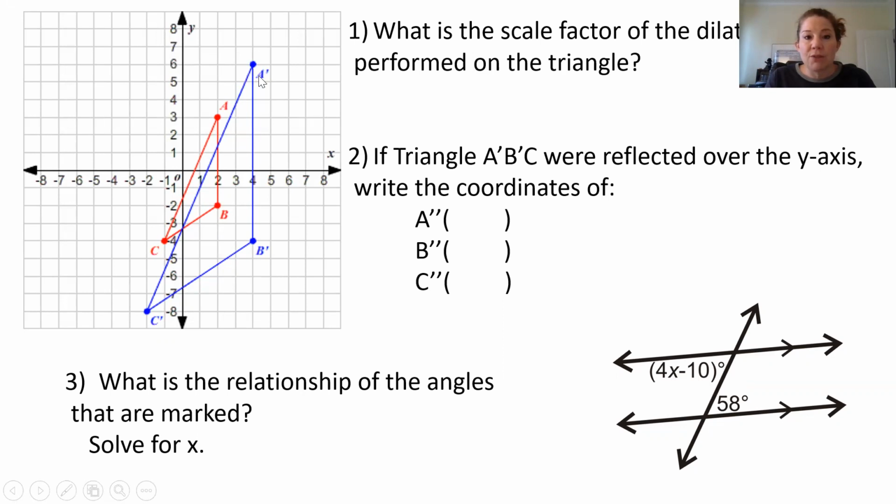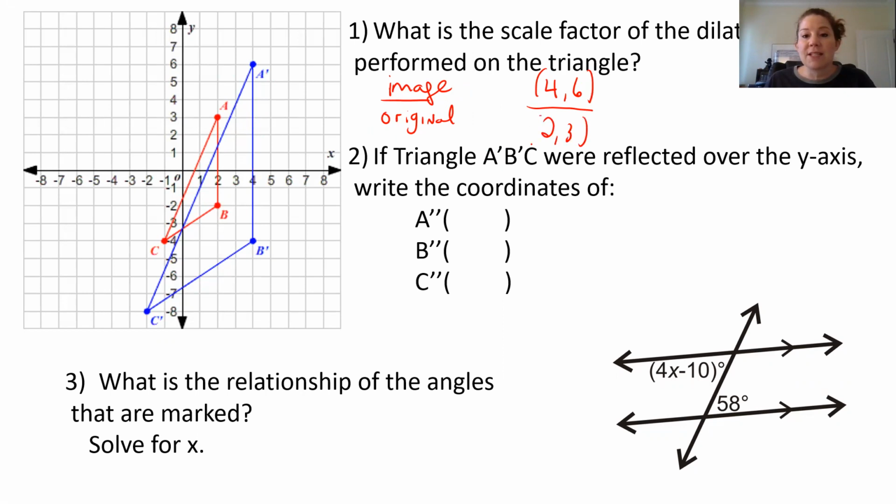So remember how you figure out what the scale factor is. You do image over original. We could either compare coordinates or side lengths. Let's just do the coordinate of A prime. A prime is at 4, 6, and the original A is 2, 3.